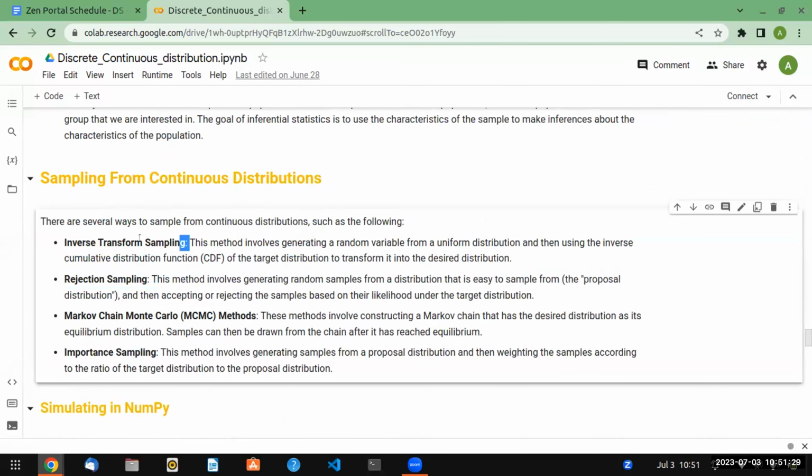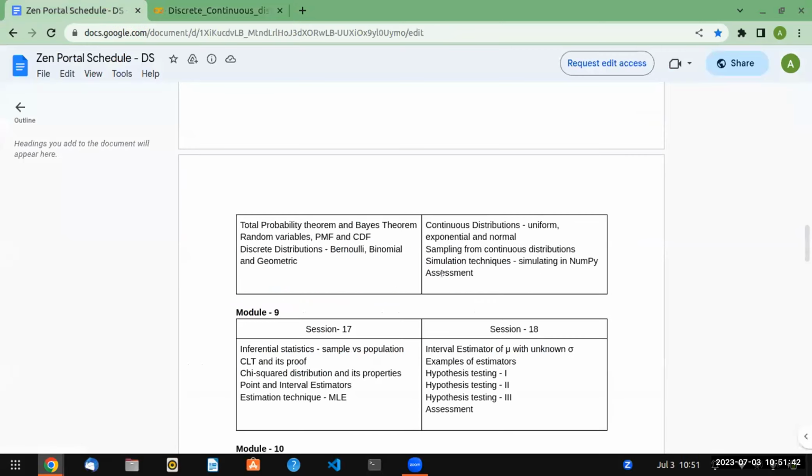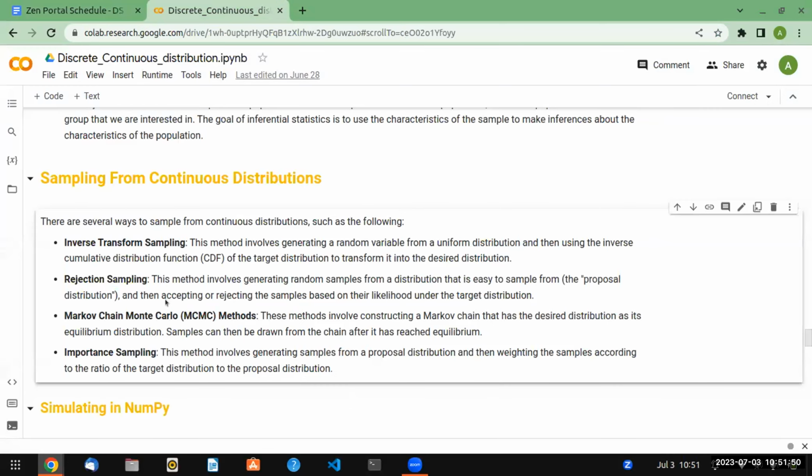If you understand one technique, then for the other techniques you can refer to other blogs and implement them, not a problem. These techniques are not mentioned in your sampling from continuous distribution section. Only this is mentioned, but there are a couple of things. The most used 4 are these, and there is mathematics behind it.